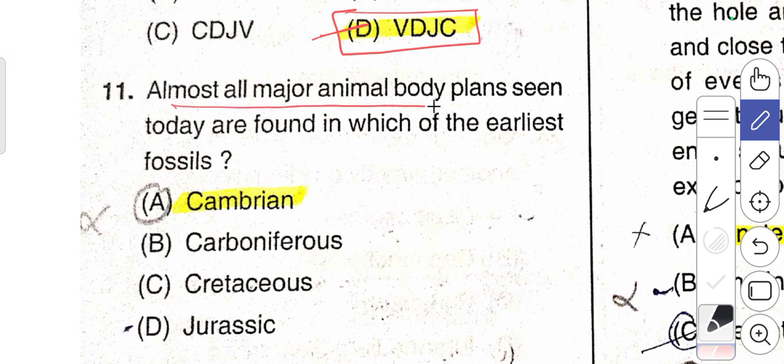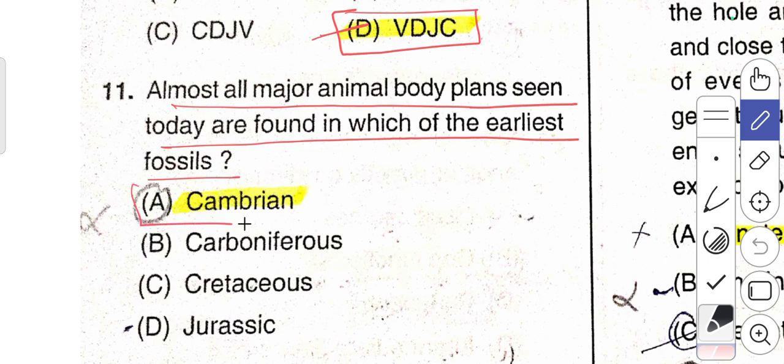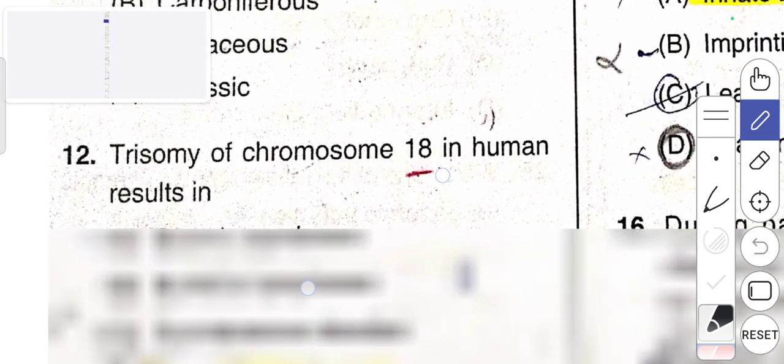Almost all major animal body plans seen today are found in which of the earliest fossils? That is in the Cambrian fossil, where we come across the major animal body plans which are seen today in the earliest fossils, present in the Cambrian. A is the right answer for this question.